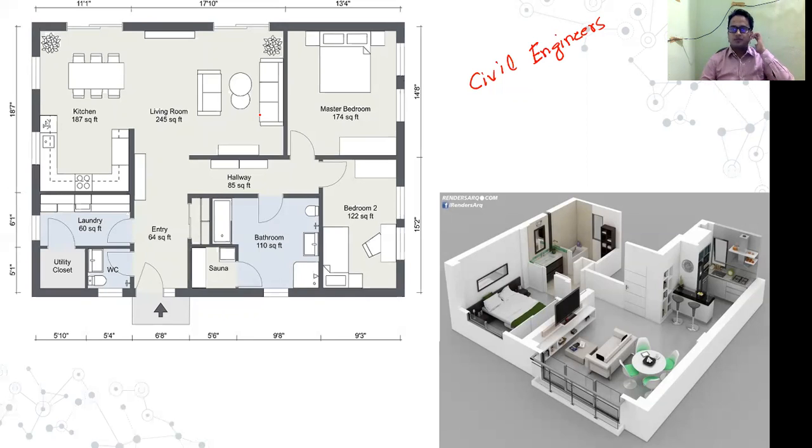Suppose any person wants to buy an apartment, he will go to a builder's office, and the builder will give the customer this product catalog. Here it shows the master bedroom, and the dimension of the master bedroom is also shown, then bedroom number 2, bathroom, where the location of the bathroom is, living room, kitchen.